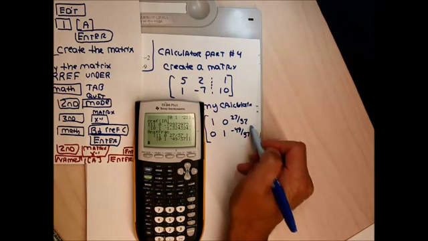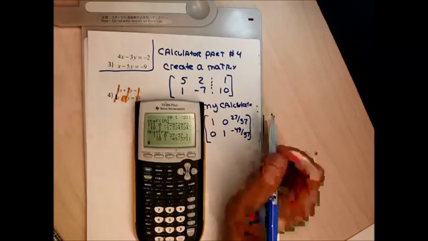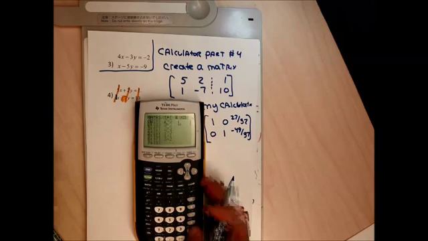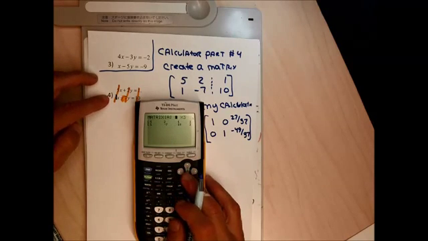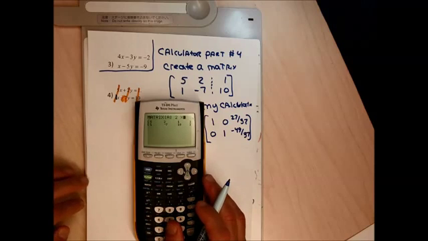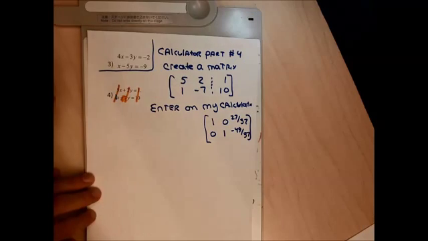I'm going to double check to make sure I actually entered the matrix right, because I'm surprised I would get a fraction answer here. So let me do second matrix, edit, 5, 2, 1, 1, negative 7, 10. It just looks completely right. Unfortunate, but that's fine. So I'm done with my calculator.